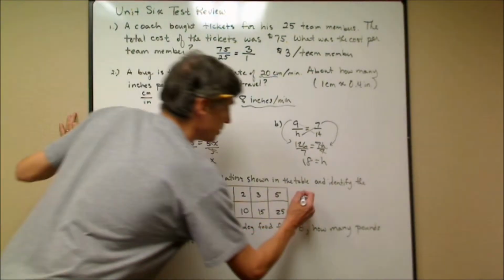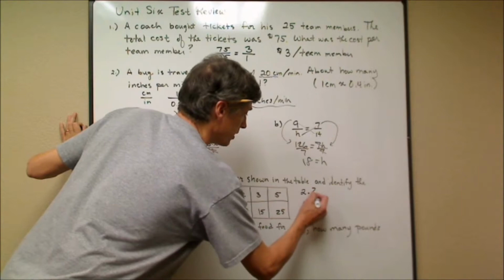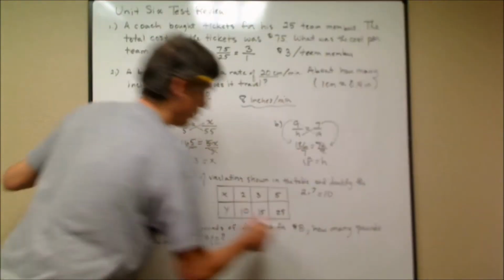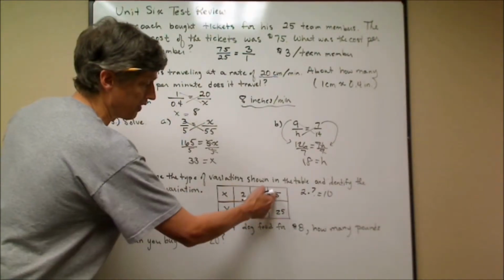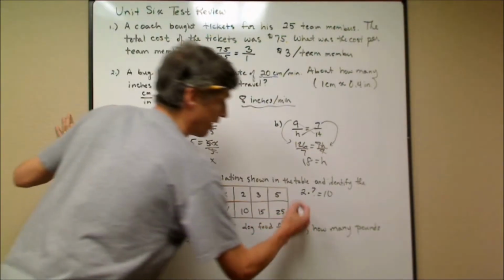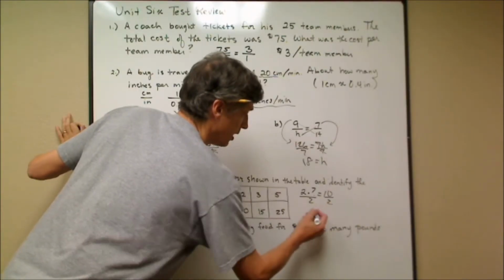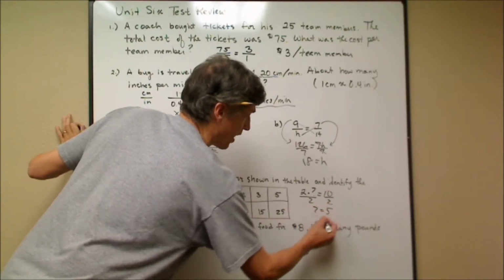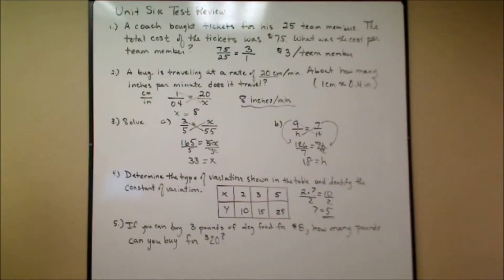So what am I multiplying? 2 times what is going to give me 10? 3 times what is going to give me 15? 5 times what is going to give me 25? Well, divide by 2, and that what is indeed 5, and that is referred to as the constant of variation. Sometimes the constant of variation is a nice round number like 5. Sometimes you'll get a decimal.